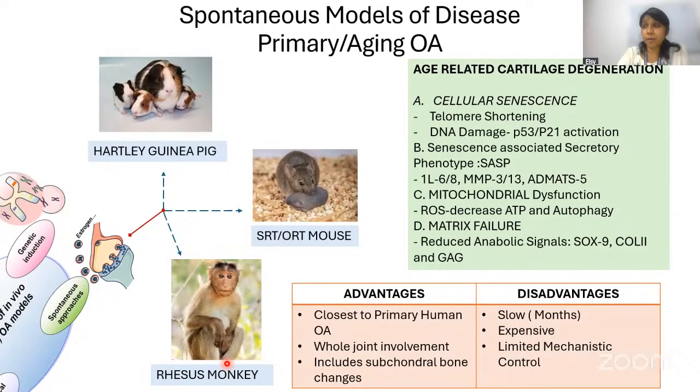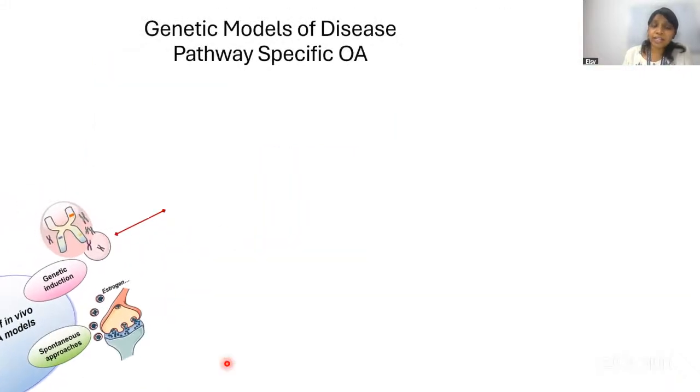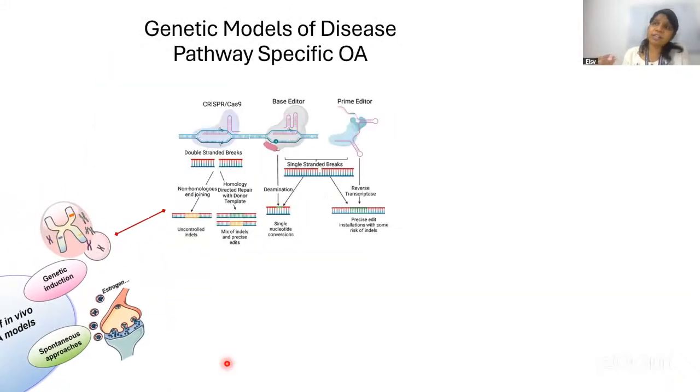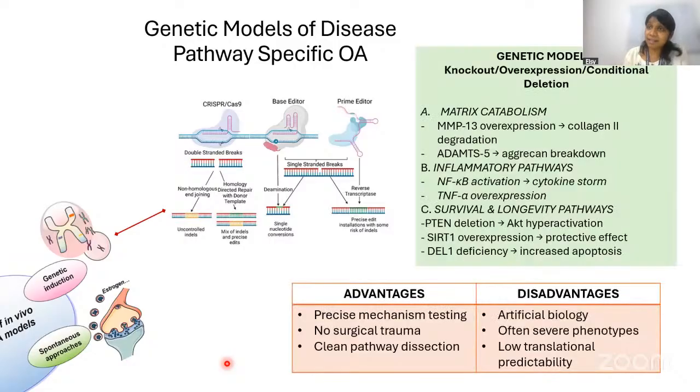You presume that at a particular age of this animal, the OA has developed, and then you put your intervention at hand. Moving on to genetic induction models, where we know there are various factors that get upregulated in osteoarthritis, few that get downregulated. So you can replicate that. You can increase the matrix catabolism, for example, matrix metalloproteinase 13 overexpression, and that causes collagen 2 degradation, inflammatory pathway activation, and therefore a picture of OA.